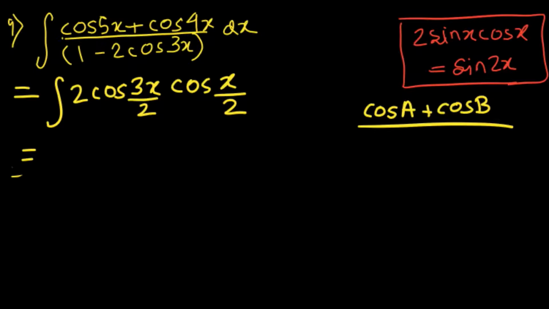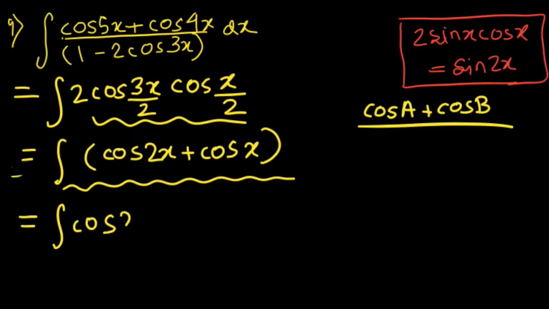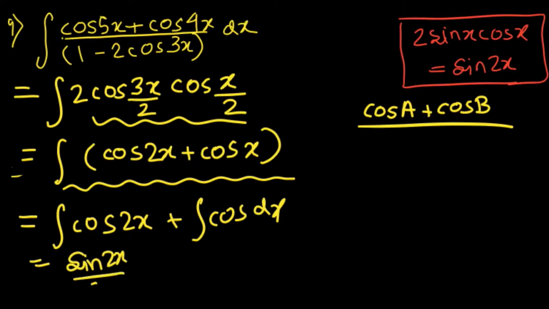That is, it gives integration of this one can be written as cos 2x plus cos x. So now it comes under the standard formulas of integration, that is integration of cos 2x plus integration of cos x dx. Now it can be easily solved. Sin 2x by 2 plus, obviously this one will give sin x plus the constant.